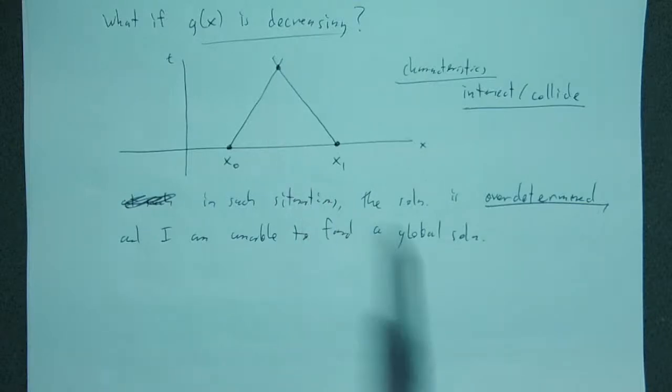The characteristics collide. And this is the first example of this happening. Okay, so this is the cost of nonlinearity here. This is the unfortunate fact that the nonlinearity forces this sort of thing to be a possibility.